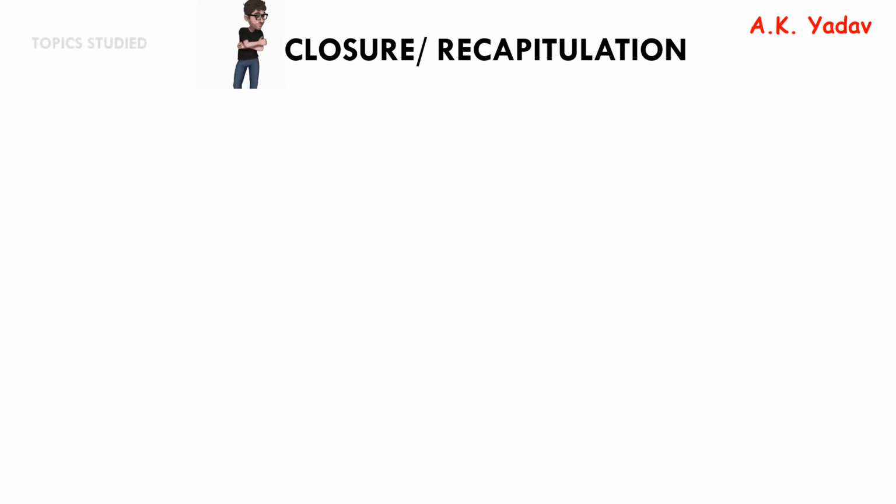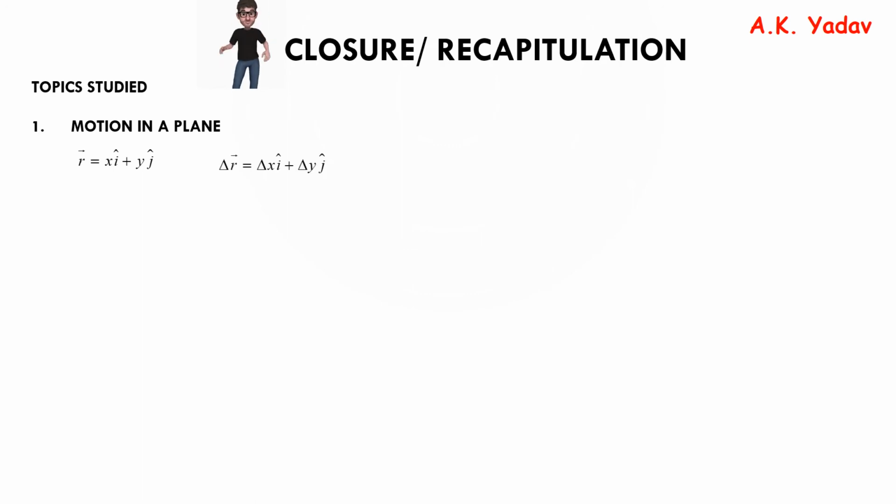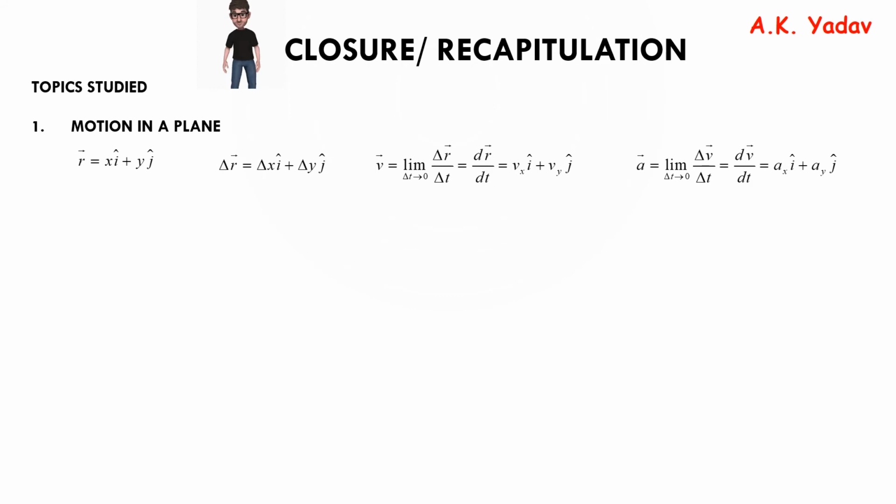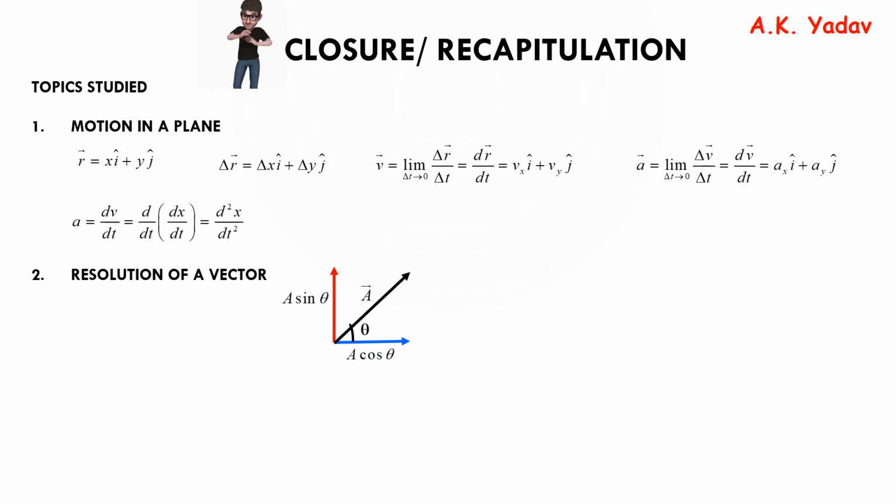Now it is the time to recapitulate. What are the topics that we have studied? Motion in a plane, r equal to xi plus yj, delta r equal to delta x i plus delta y j, v equals limit delta t tends to 0 of delta r by delta t equal to dr by dt, which is vx i plus vy j, a equal to ax i plus ay j, and a equal to d square x upon dt square.